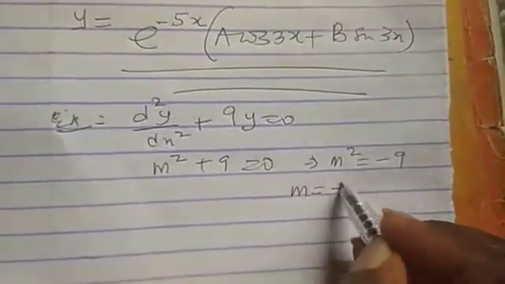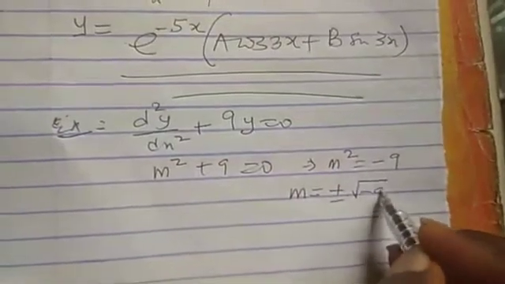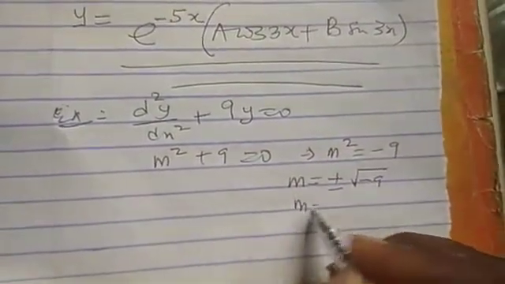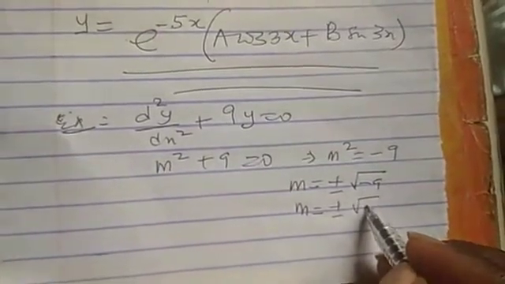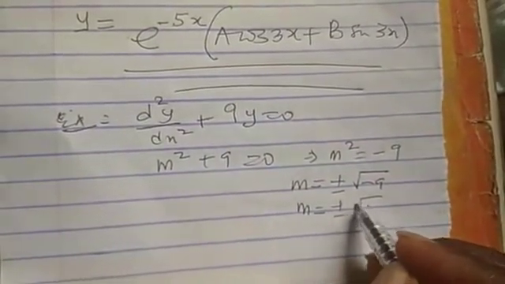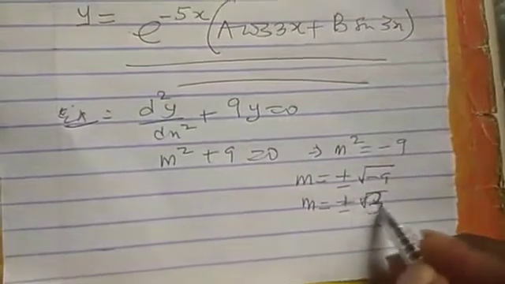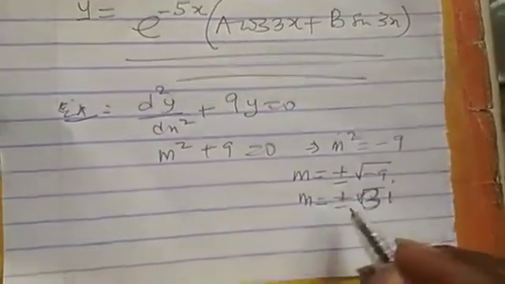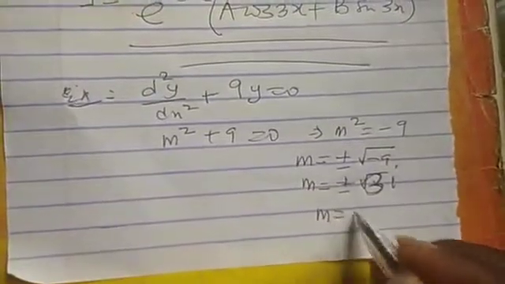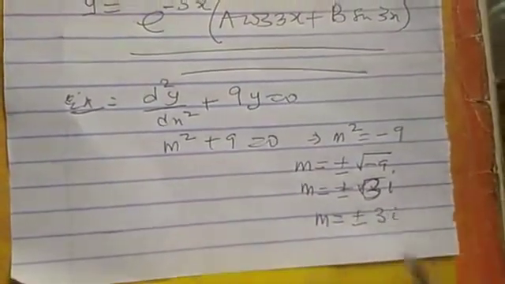This will be m is equal to plus or minus square root of minus 9. Square root of 9 is 3 and minus 1 is i. So what we have there is m is equal to plus or minus 3i.